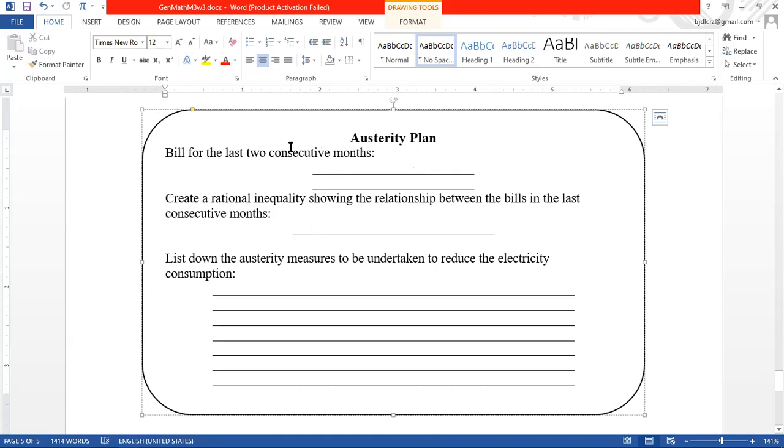So, inyong kuan kung asay mas dako nila ang first month ba or ang second month. Okay? So, na siya greater than or less than nga sign para ma-consider siya as inequality. Okay, it should be rational expression po siya. So, ato ibuhat dani is ang amount over kilowatt per hour.